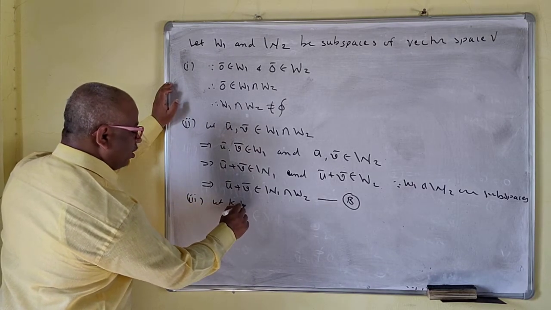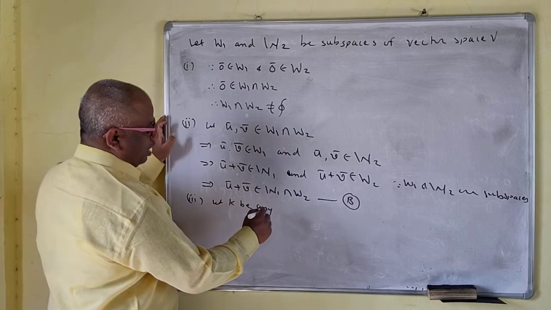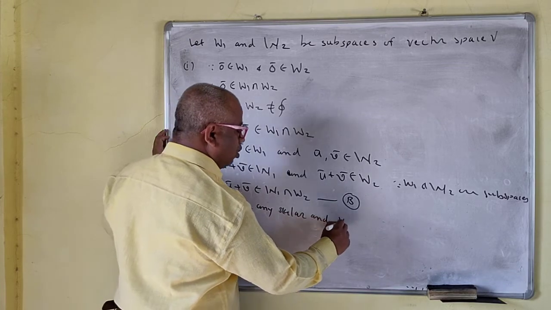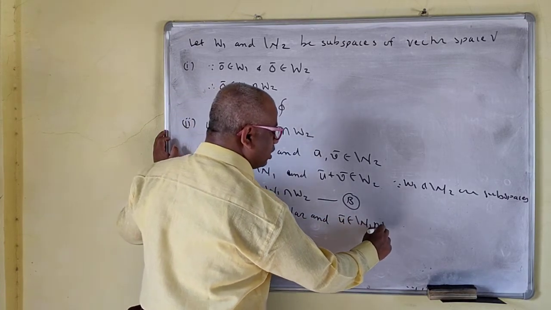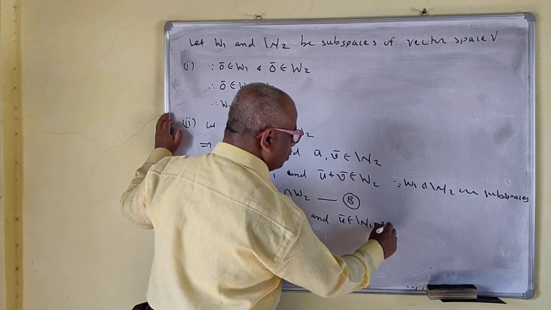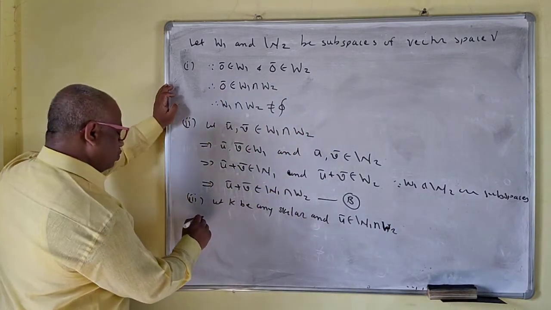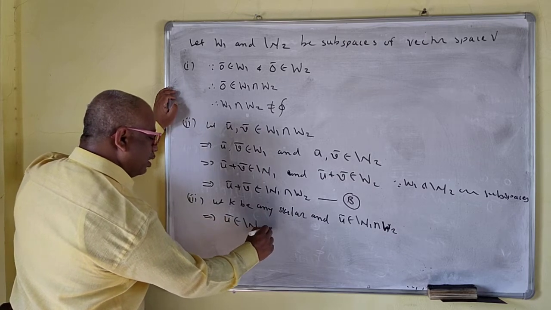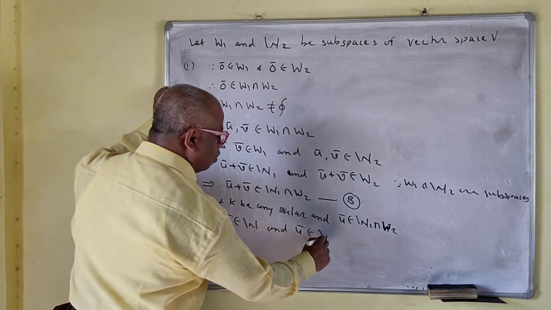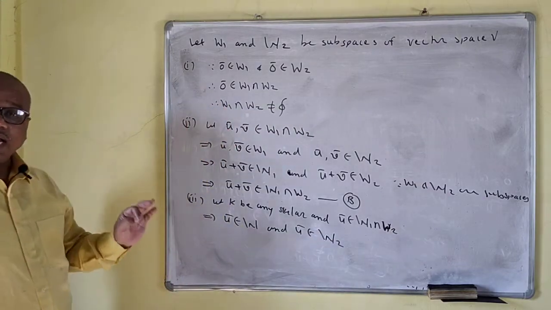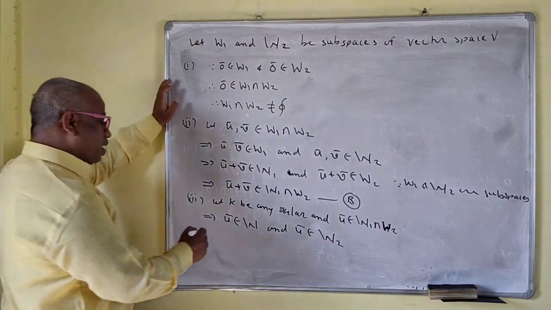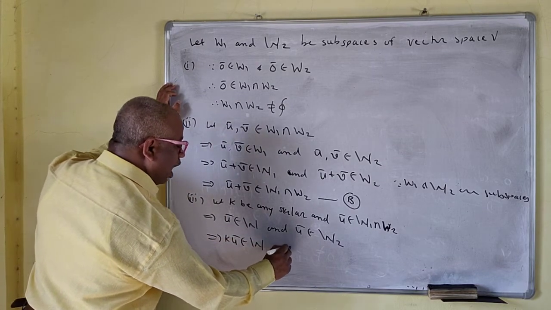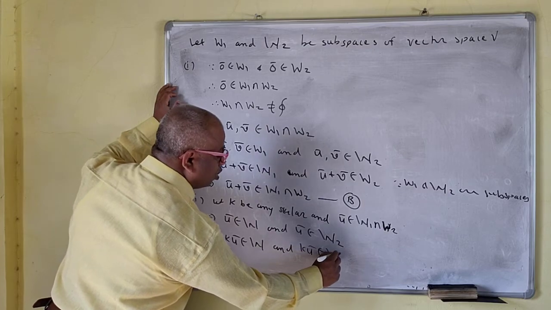Let K be any scalar and U bar belong to W1 intersection W2. This implies that U bar belongs to W1 and U bar belongs to W2. Again, W1 and W2 are subspaces, therefore K U bar belongs to W1 and K U bar belongs to W2.